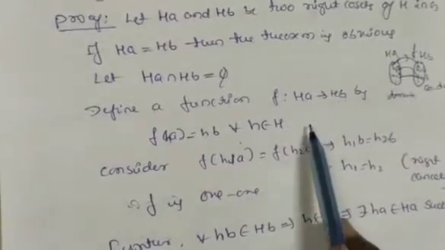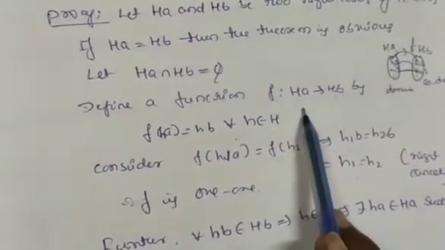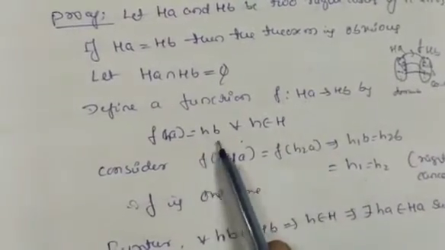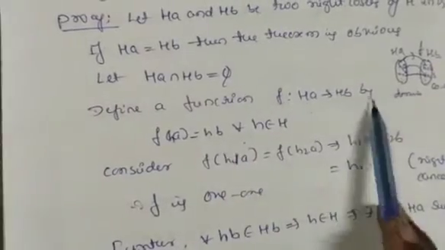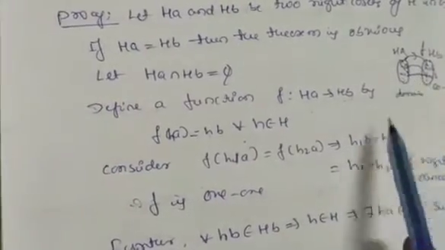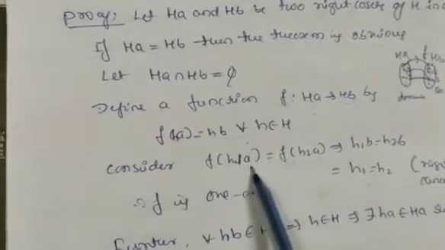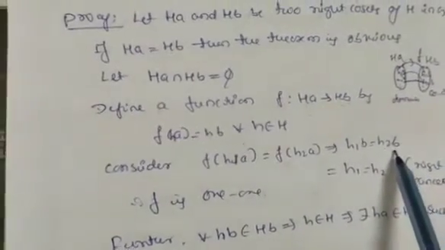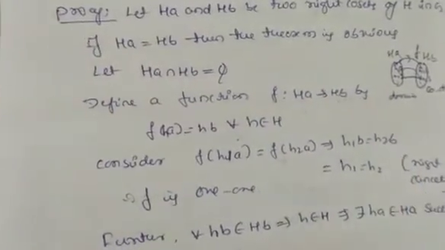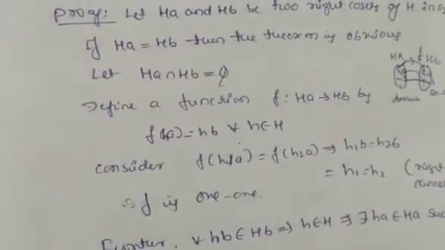So according to the function we have defined, f of ha is equal to hb means ha is associated with hb. So this implies h1a is equal to h2b. Here by the right cancellation law, the right side element on both sides will get cancelled. This implies h1 is equal to h2.